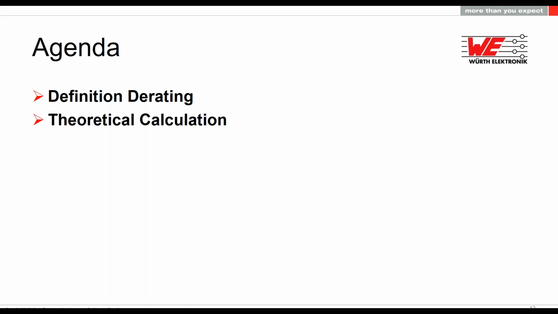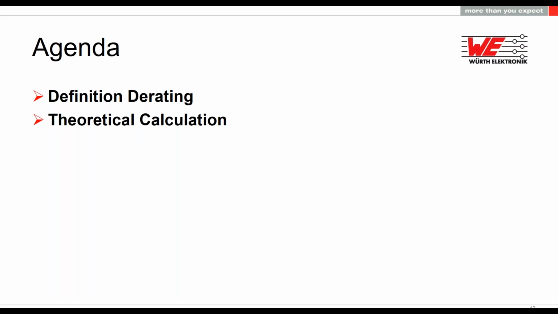The first is, of course, we have to be aware what is the clear definition of derating, what does it mean to us. Then afterwards, we will have a look at the theoretical calculation in point of current, power, and of course, heat loss. We will have a look at how a derating test has to be proceeded. So what is the requirement of the normatives?